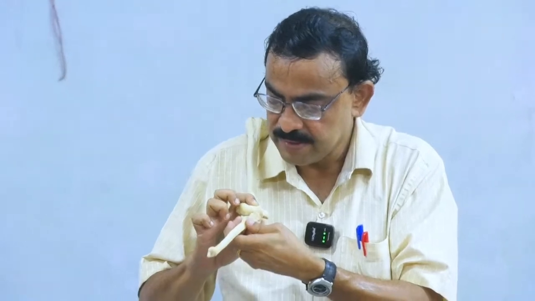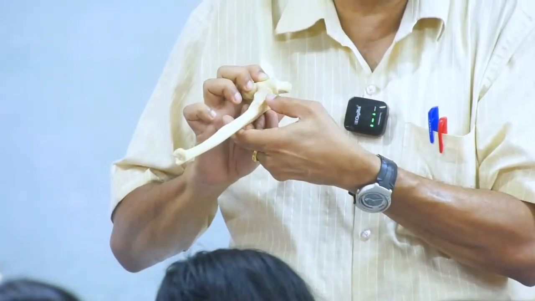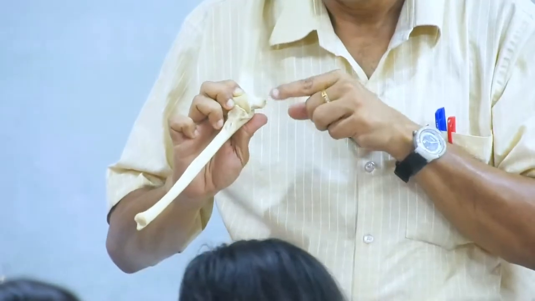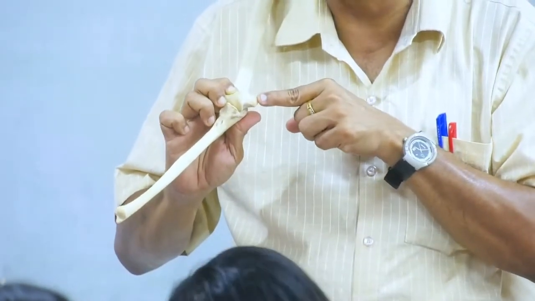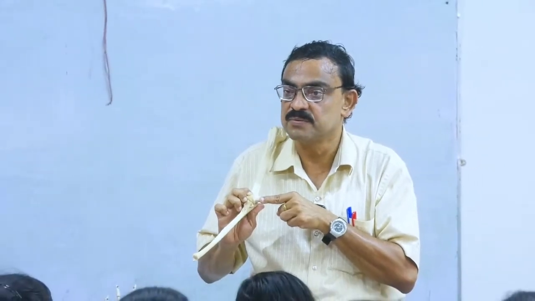It has two heads. One is the ulnar head, taking origin from the medial aspect of the ulnar tuberosity, and the humeral head from the medial epicondyle of the humerus.